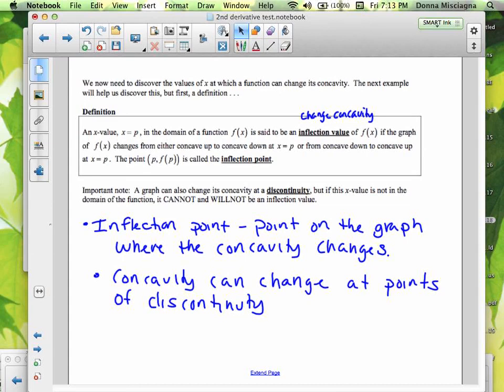And maybe you can guess what we're going to do to find our inflection points. What could we possibly be doing? Maybe taking a second derivative? Maybe setting it equal to 0 and solving? Well, we'll find out on Monday. But if you guessed those things, you would be correct.